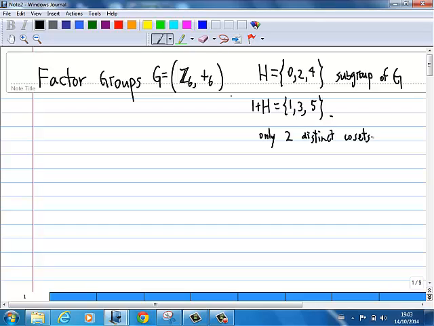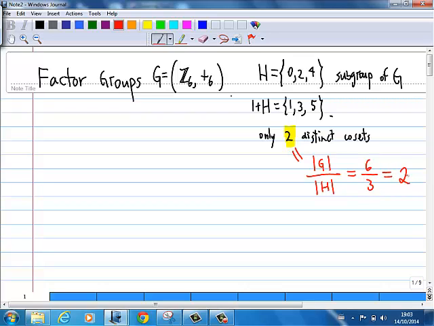Now, this number 2 here, if you recall what I said about this number 2, can we tell without calculation? Yes, last week we learned a little bit there. This can be calculated by taking the size of G over the size of H. Where the size of G is 6, the size of H is 3, so you have only 2.